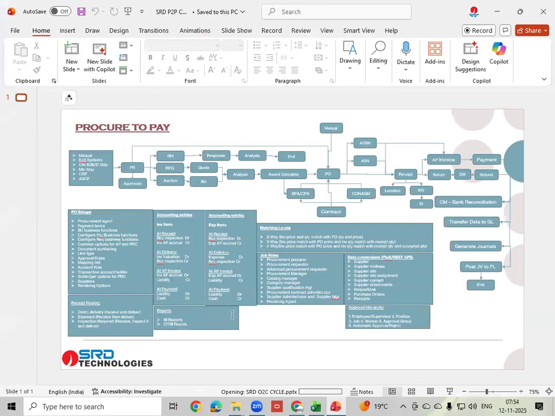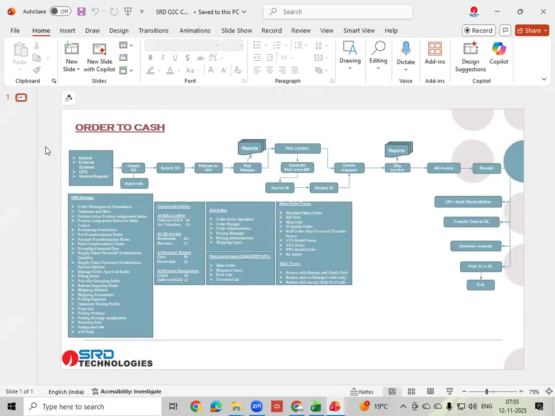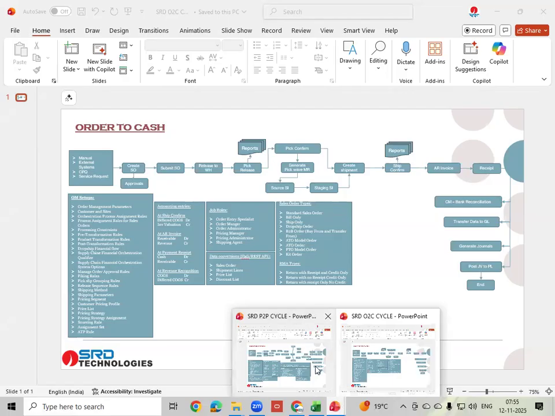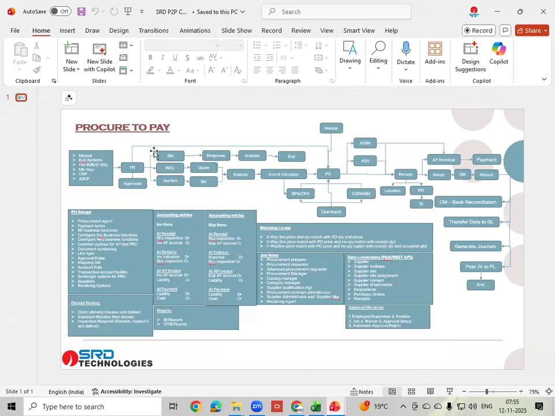See, once forecasting demand is done for buy items, that says O2C, and this is P2P. Here there is ASCP, which is a planning module.